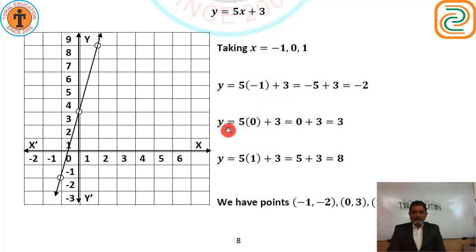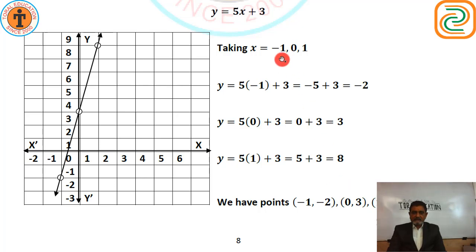Here again y equals 5 into 0 plus 3, that is 3, and x equals 1: y equals 5 into 1 plus 3 equals 5 plus 3, that is 8. So we have got values of y: minus 2, 3 and 8.